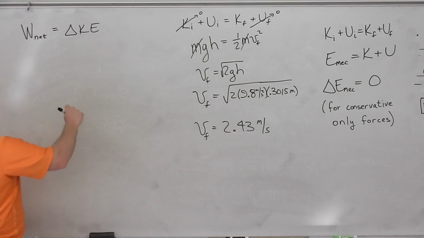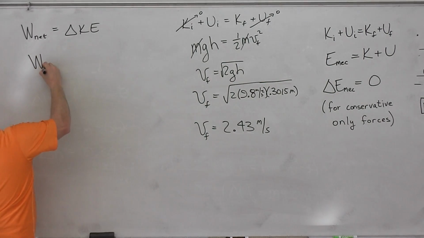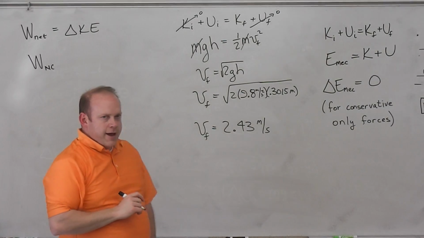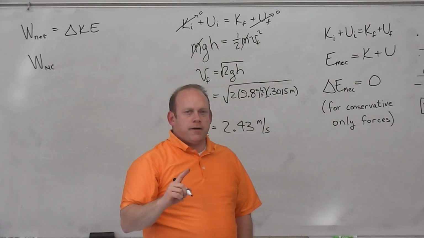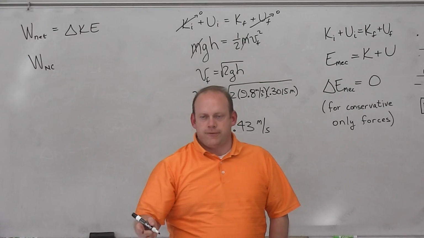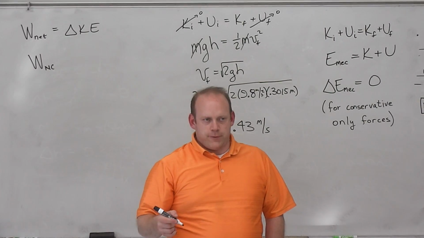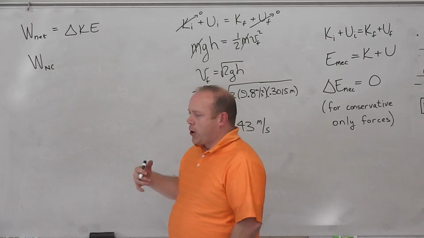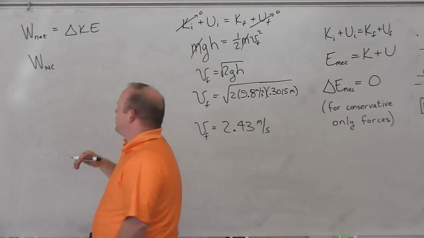Okay, so now we're going to take a look at the work done by non-conservative forces. Okay? Meaning applied forces, frictional forces, okay? Constant forces. All right? In those cases, we like to leave potential energy in the equation.